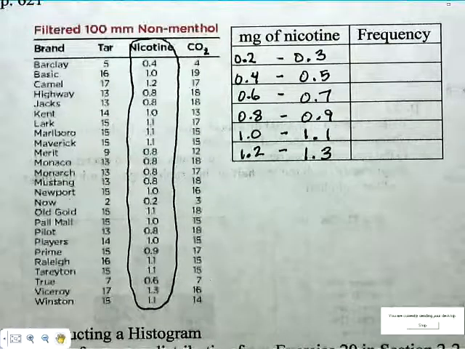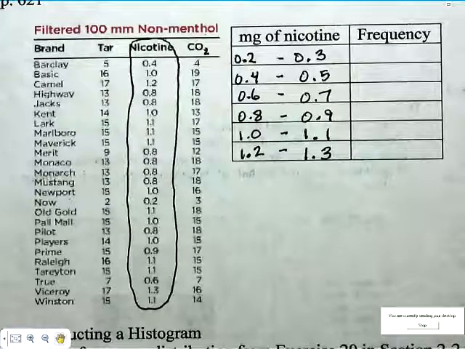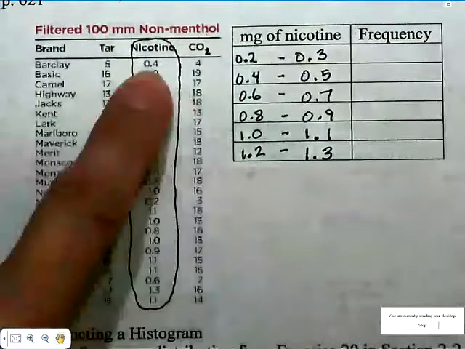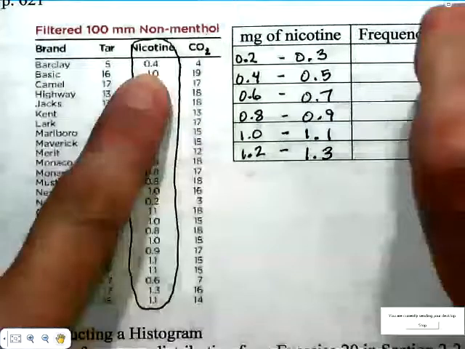I'm going to start this process to make sure that you understand what I'm tallying, but then I'll just tell you what I got for the other classes. Cigarette brands with amounts of nicotine between 0.2 and 0.3. Actually, that's not the easiest way to do it. The easiest way to do it is to go down the list. 0.4 for Barclay cigarettes would fall in that second class.